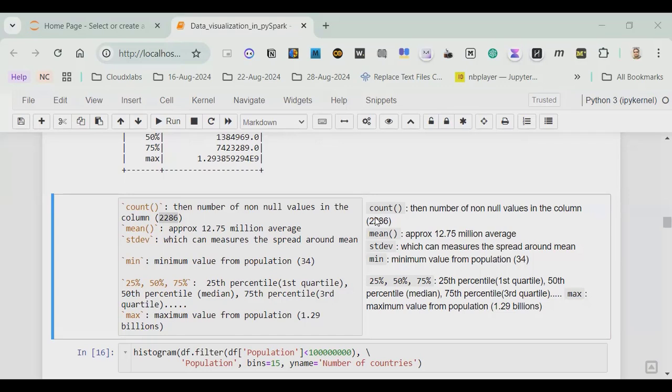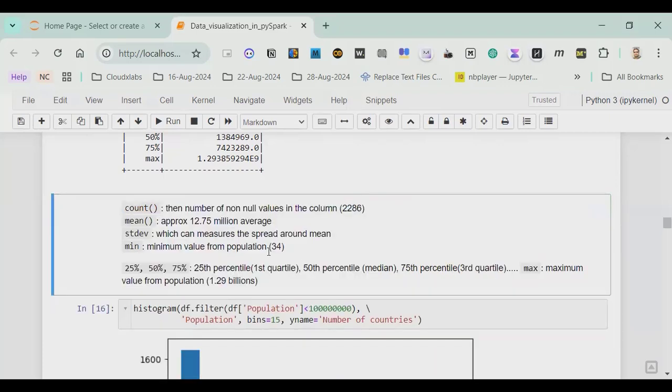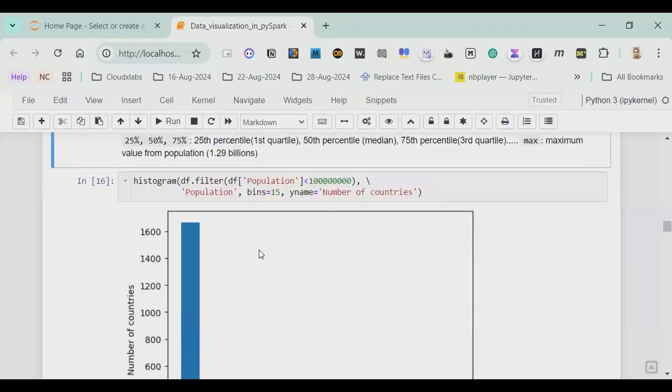Okay, so that is one thing. And the second thing is there are very poor countries also there, so from all this data we do understand clear information, right? So like that we'll move ahead.